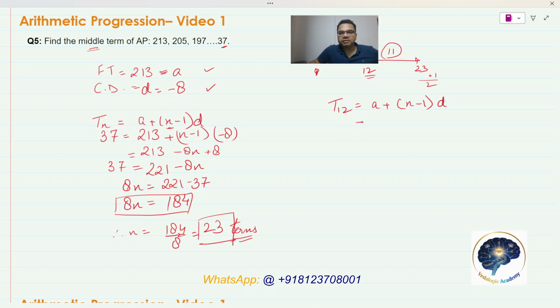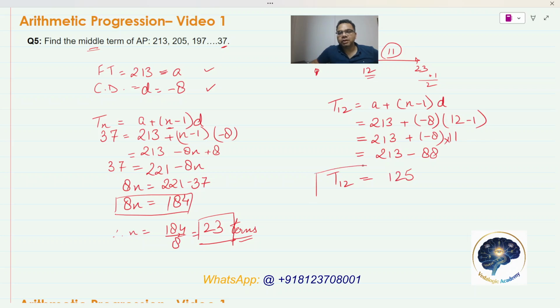So a is nothing but 213, plus d is minus 8, and n is 12 minus 1. 12 minus 1 is 11, so minus 8 into 11. So 213 minus 88. So what is the 12th term now? The 12th term is 125.